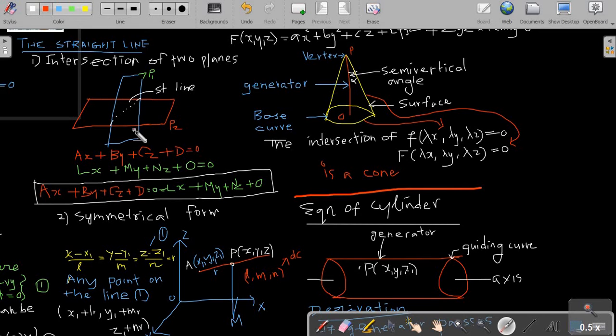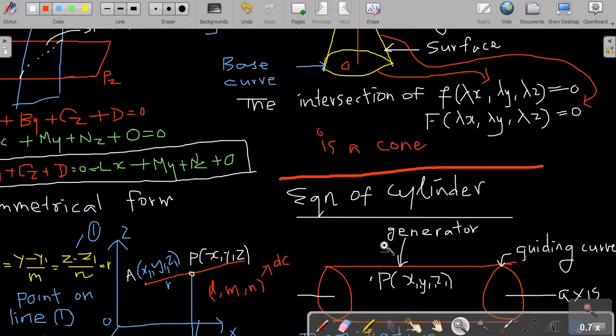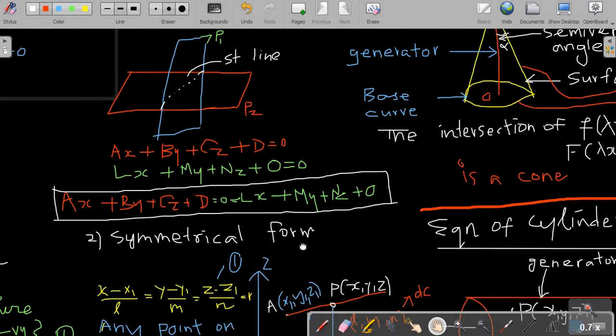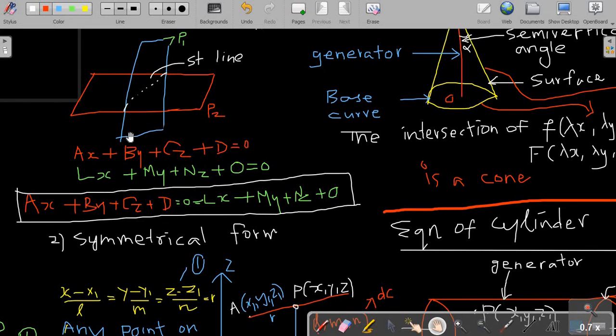Suppose this red color plane is this equation, and lx plus my plus nz plus o equals 0 is the other plane, the blue color plane.